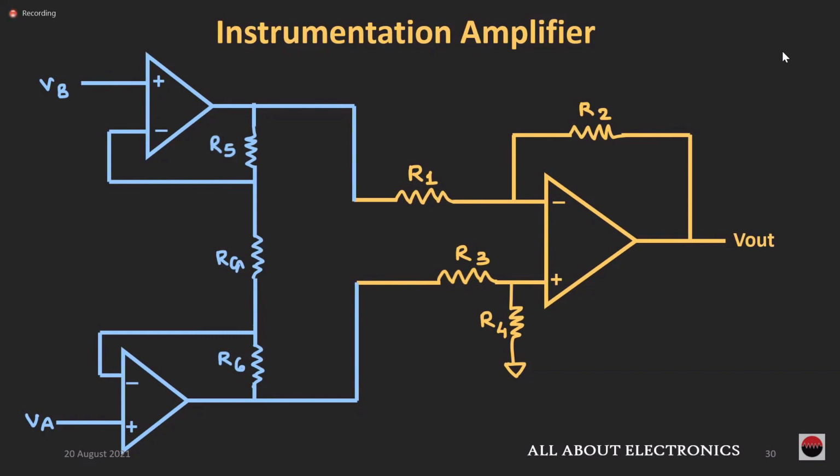If you compare an amplifier and an instrumentation amplifier, amplifier will take small voltages as input, but instrumentation amplifier will take some more small signals as input. Then we can convert them into larger signals. That is the purpose of instrumentation amplifier.